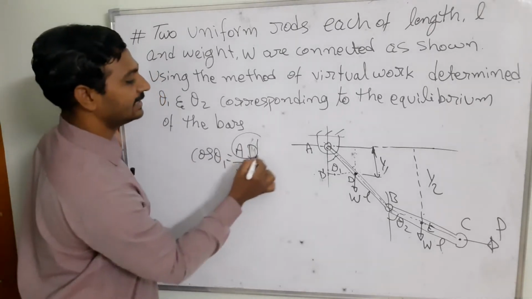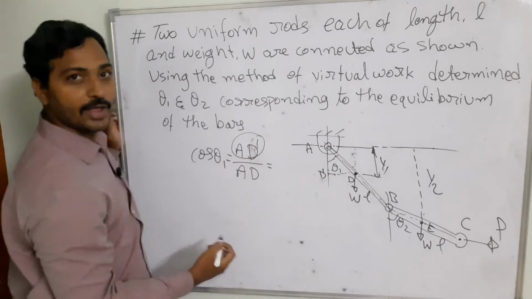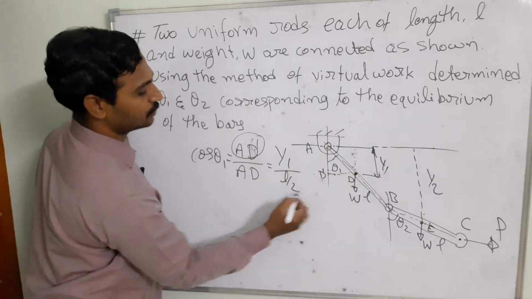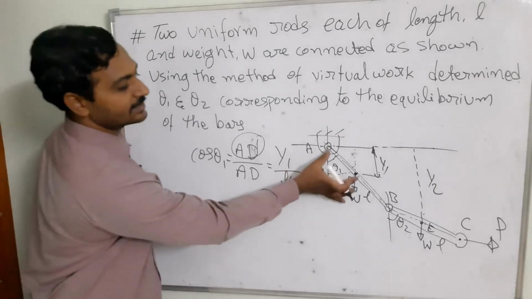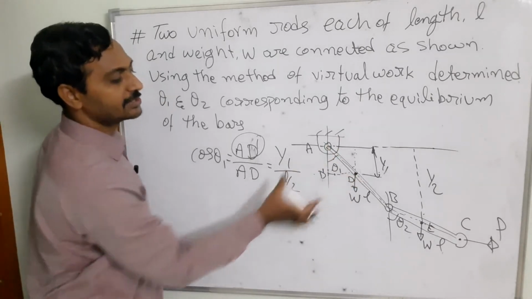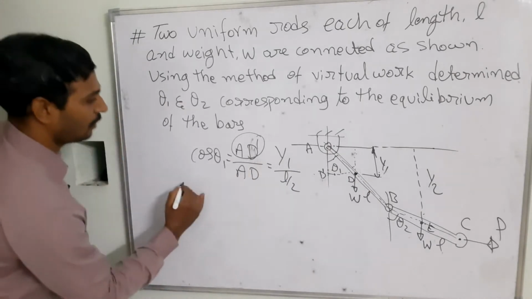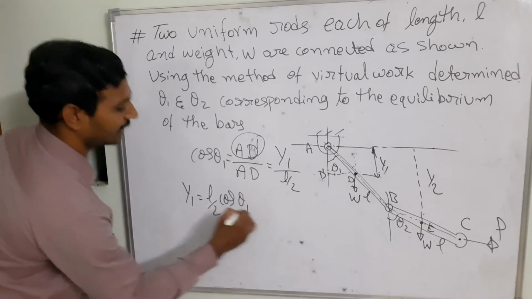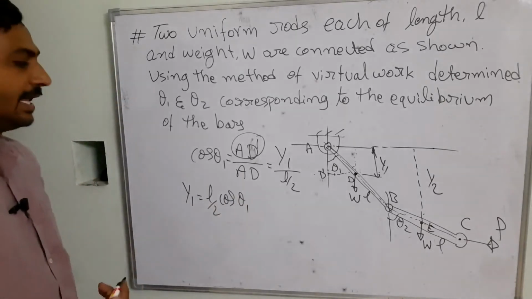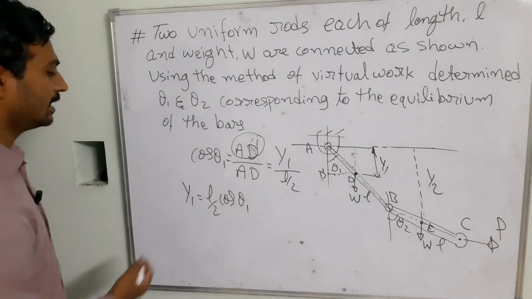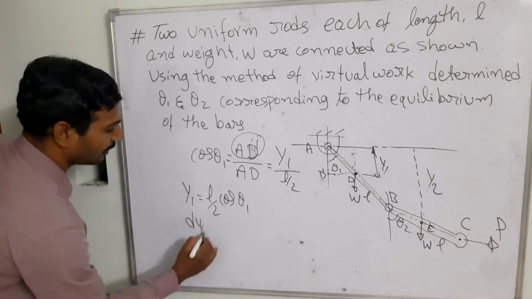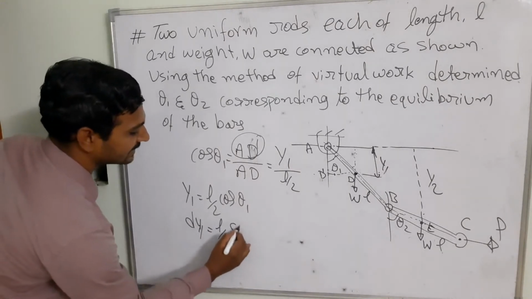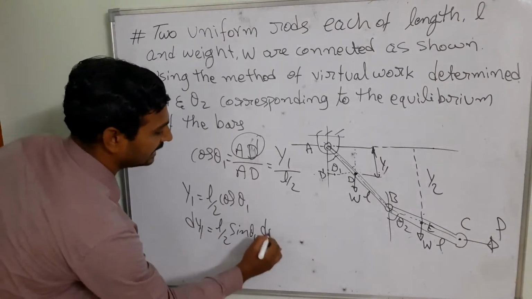What is AD here? That represents y1, so y1 by AD, where AD is L by 2. AD is half the length of the bar. So y1 is equal to L by 2 cos theta 1. Similarly, taking the infinitesimal displacement, dy1 is equal to minus L by 2 sin theta 1 d theta 1.